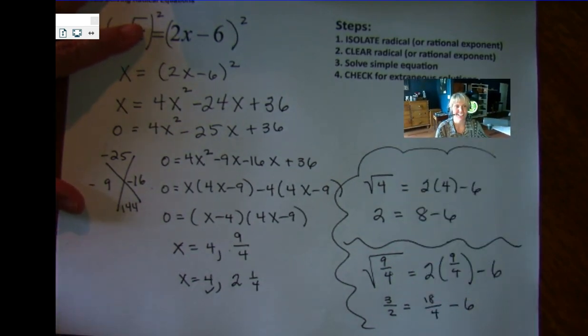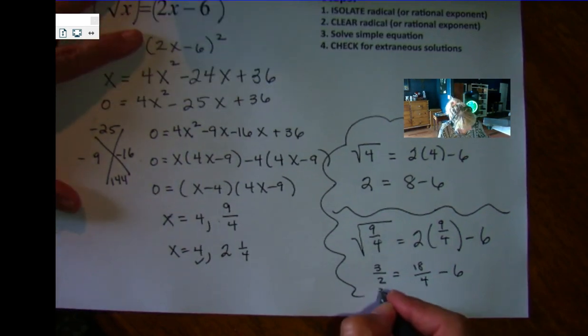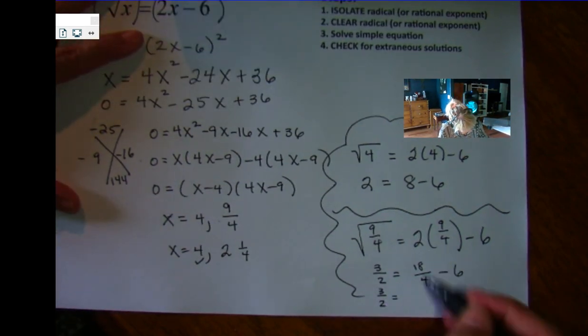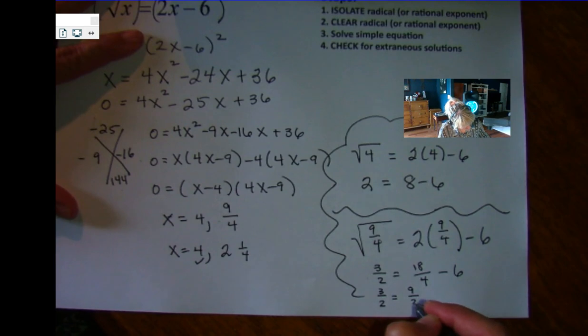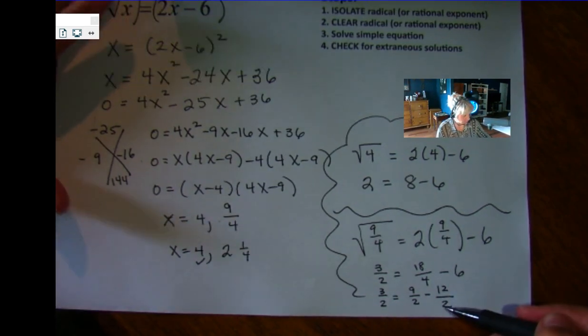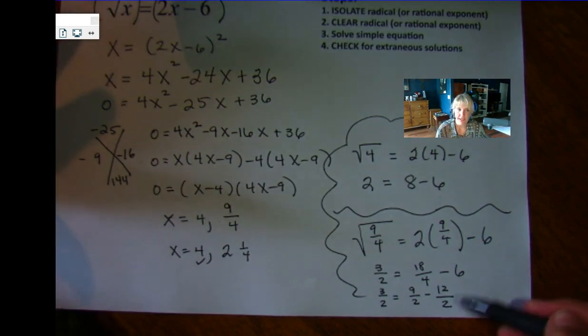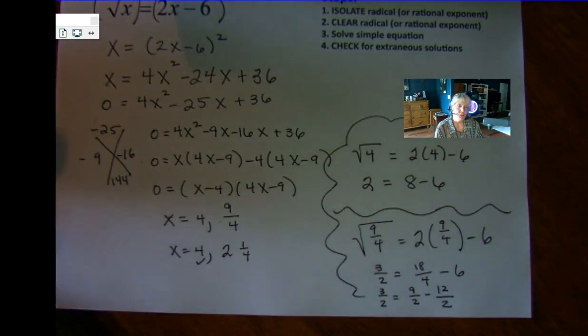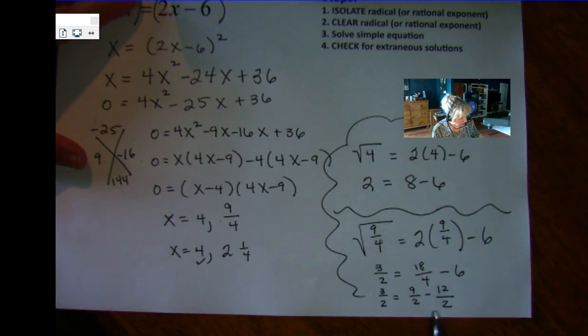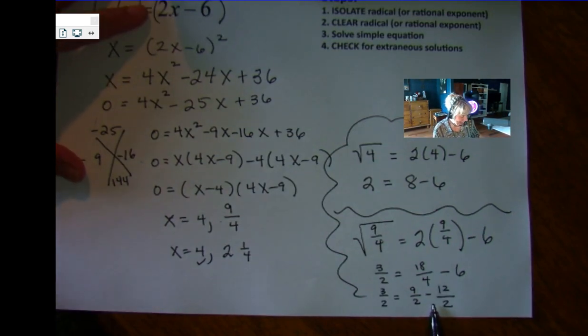So 3 over 2 equals, this simplifies to 9/2 minus 12/2. Notice I converted that to a like denominator. If I tried to combine this, I would get a negative answer.